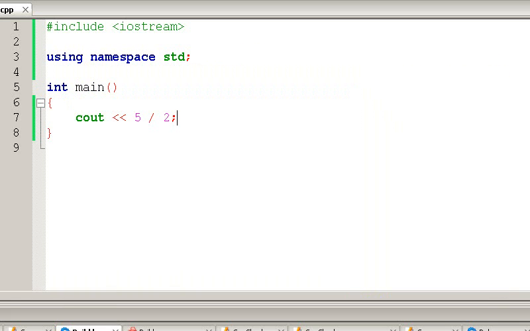The reason why that's happening is because when you use the division with two whole numbers, like this is a whole number and this is a whole number, the result has to be a whole number. So what happens here is 5 divided by 2 actually produces 2.5, but because they were both whole numbers, C++ truncates the 2.5 and just gives you the 2.